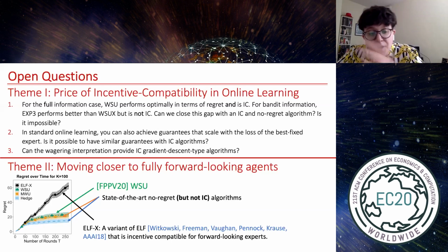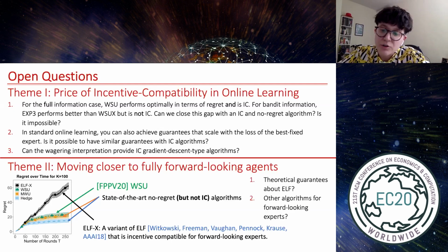The variant that we have is incentive-compatible for forward-looking experts, which means that the expert can try to misreport at round T and have as their goal to maximize their probability of being chosen at round T plus whatever you want, 1,000, right? I don't care. Now, this variant is guaranteed to be incentive compatible, and in experiments, it seems to have a great dependence on the number of experts, but the data sets were too small to get anything more meaningful than that.